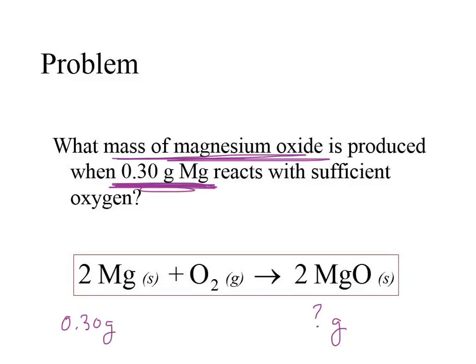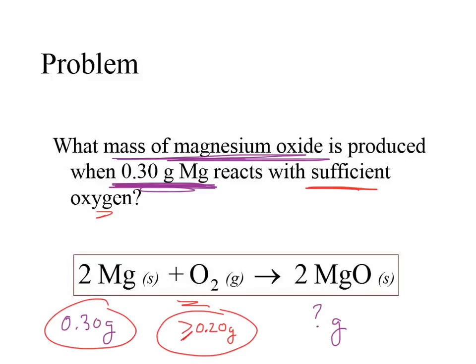It goes on to say that the O2 has sufficient amount. Another way to think of that: how much O2 we have must be greater than 0.20 grams. They're just saying you have plenty. It's sufficient. What's sufficient? Well, 0.20 is what we needed. So actually I could put greater than, see I'm not a math teacher, greater than or equal to.